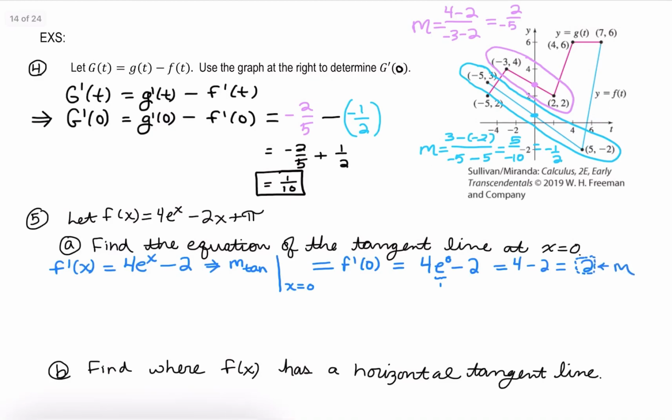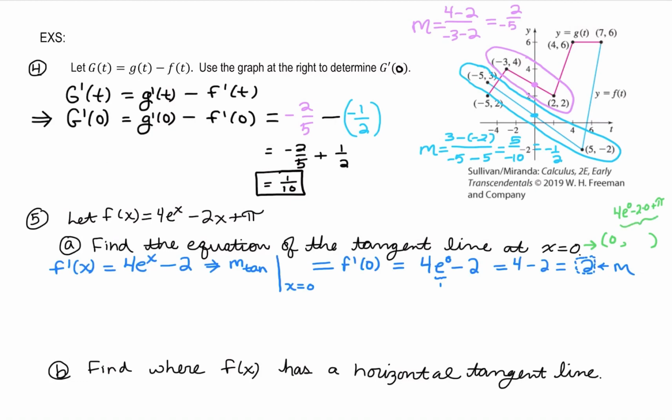And to find an equation of a line, we need two things. We need a slope, and then we also need an xy ordered pair. Sometimes they'll give you both, sometimes they won't. If they don't, you need to sub it back into the original. So you would need to say, okay, well, 4e to the 0 minus 2 times 0 plus pi.